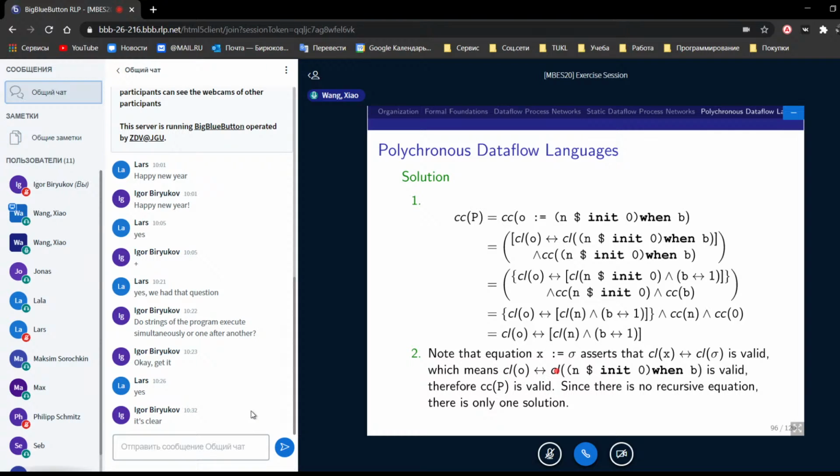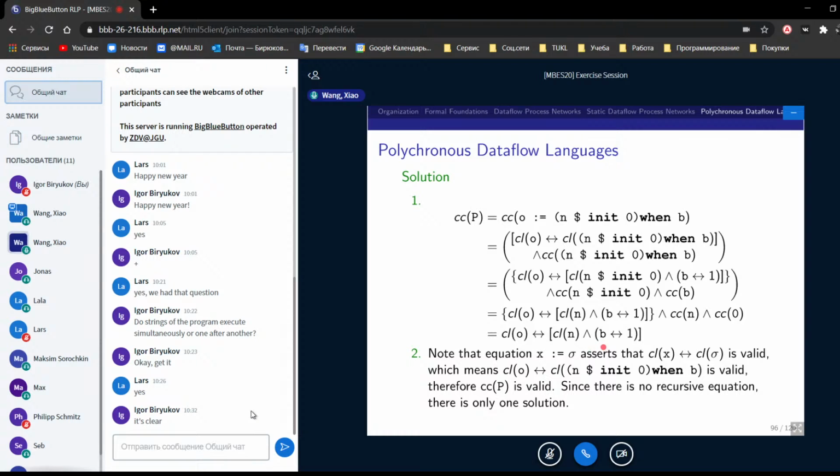Okay, and now the problematic part. Looking from this side, it should not be always clock consistent, but we just discussed that this program doesn't have clock consistency issues.